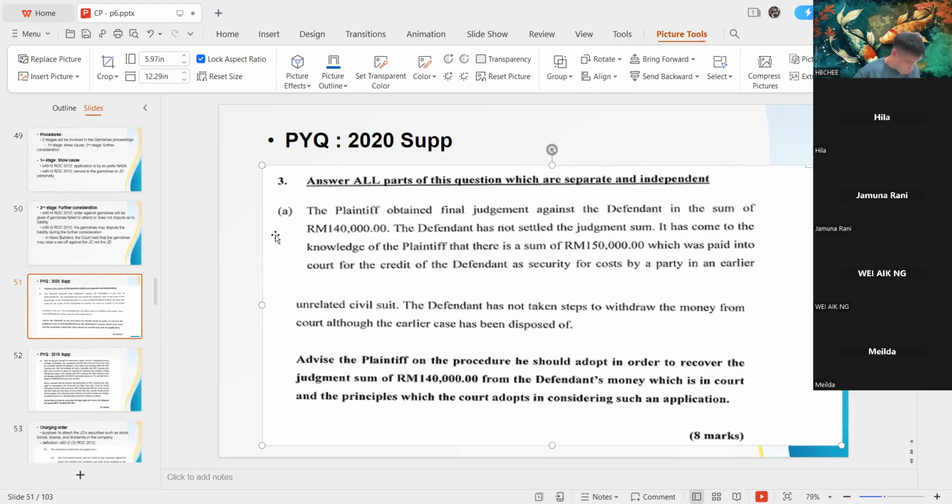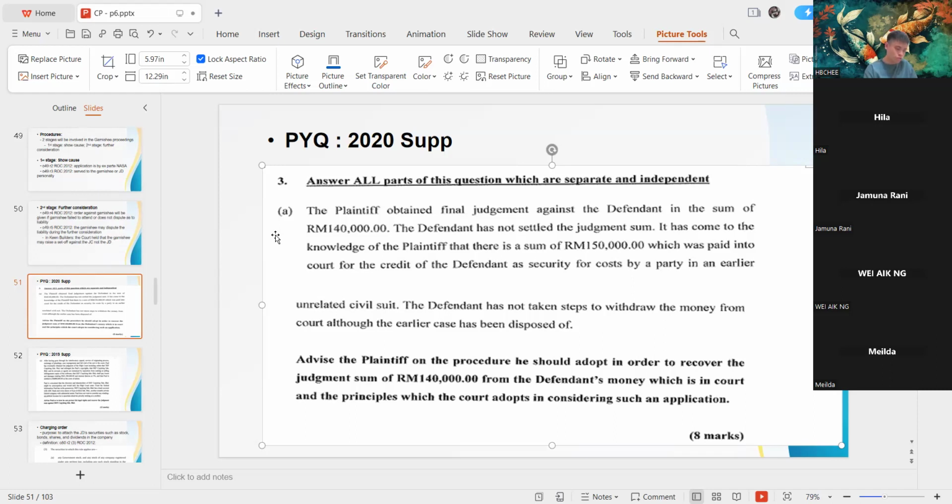Okay, if you look at Rule 9 sub 2, it says there's a notice of application, but you would have to copy everything out from sub 1 and sub 2. I think at the moment, when you write out until Rule 9 sub 1, it's more than enough, because this question is only an eight-mark question.